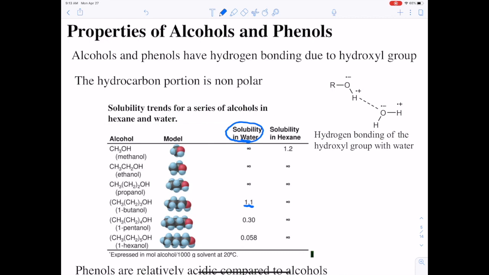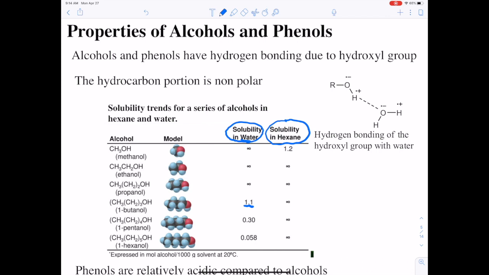Now, if you go to hexane, which is a nonpolar hydrocarbon, methanol, the smallest alcohol, has limited solubility. The hydrocarbon portion is very small. The OH, the hydroxyl group, does not interact favorably with hexane, a nonpolar hydrocarbon.